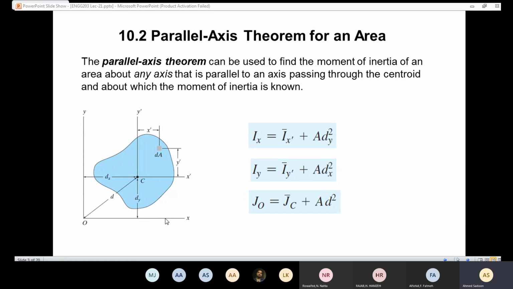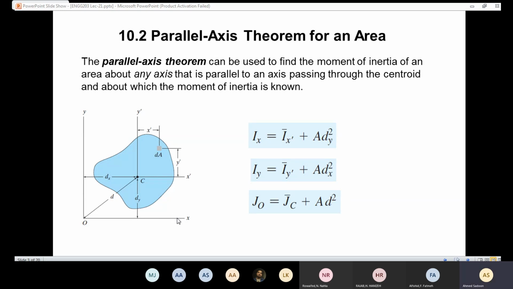In this theorem, we are going to determine the moment of inertia about any axis which is parallel to this axis. So the first condition is that this axis should be parallel to that axis. So I need to determine the moment of inertia about x based on x hat.